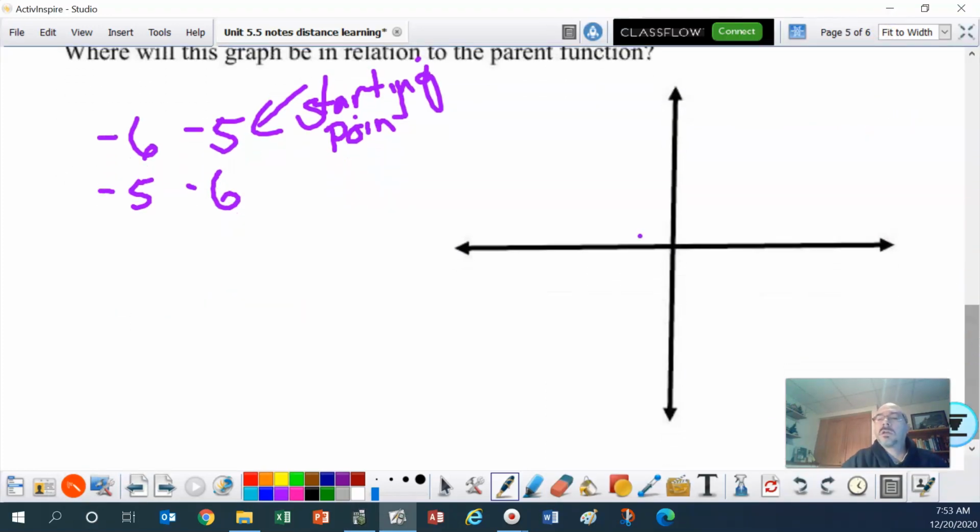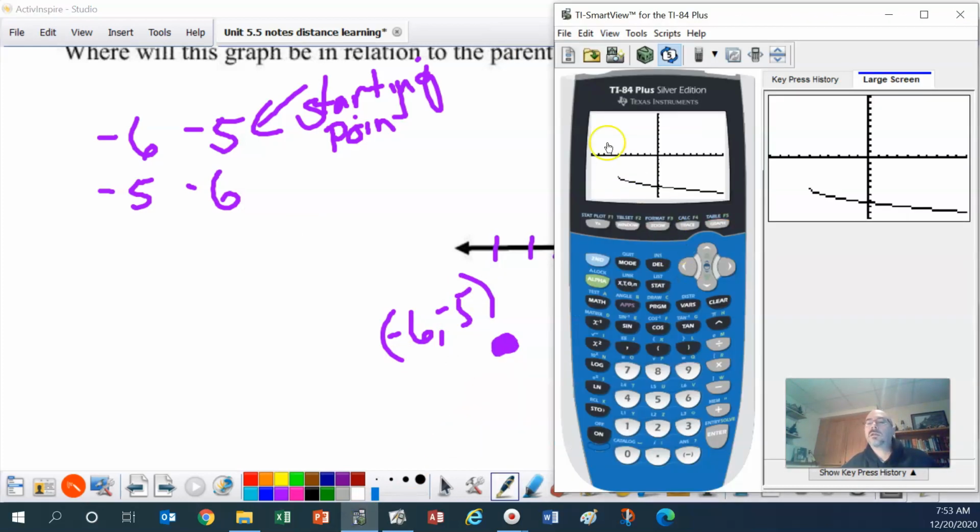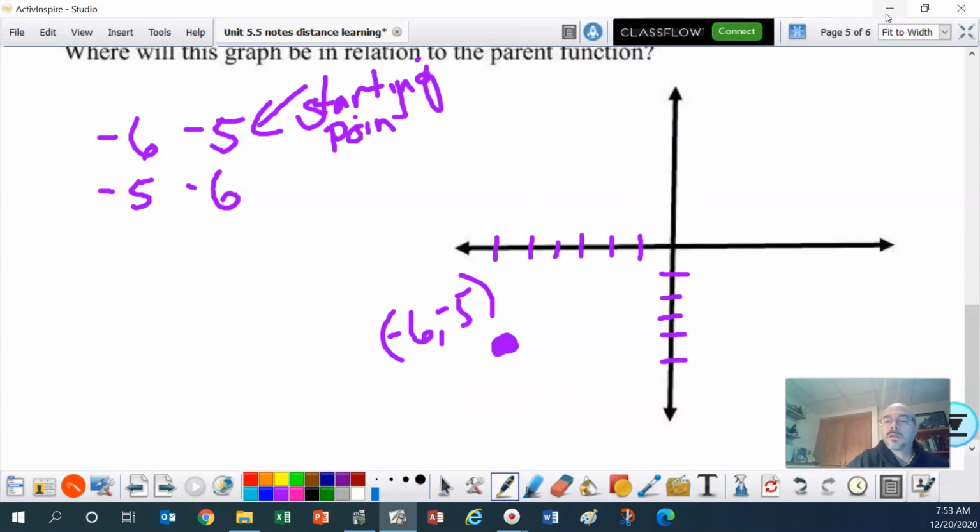So left 6, 1, 2, 3, 4, 5, 6. Left 6 and down 5, 1, 2, 3, 4, 5. So this is the starting point right here at negative 6, negative 5. But then it's curving down. I just need to make sure it's curving down like this. Cool.